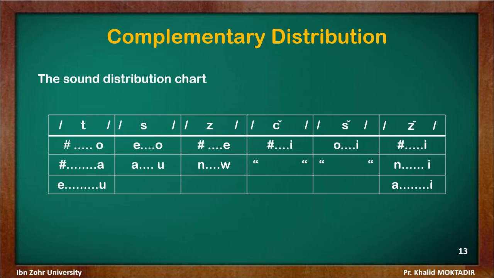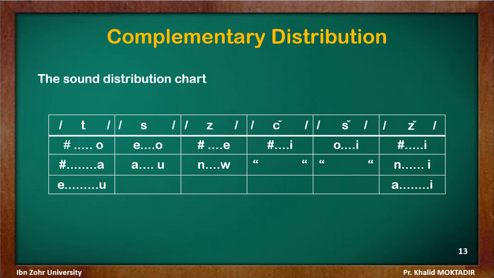That's t, s, and z. We find them in word initial position, as you can see on the left side of your chart, between two vowels. For s, it occurs all the time, in fact, between two vowels. For z, it occurs in word initial position, and also between a nasal and a glide.